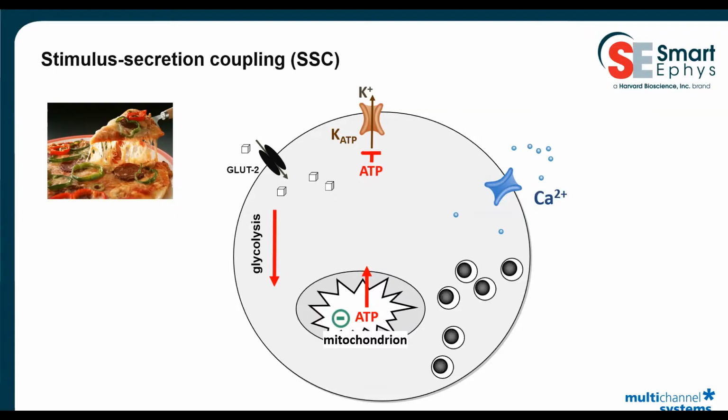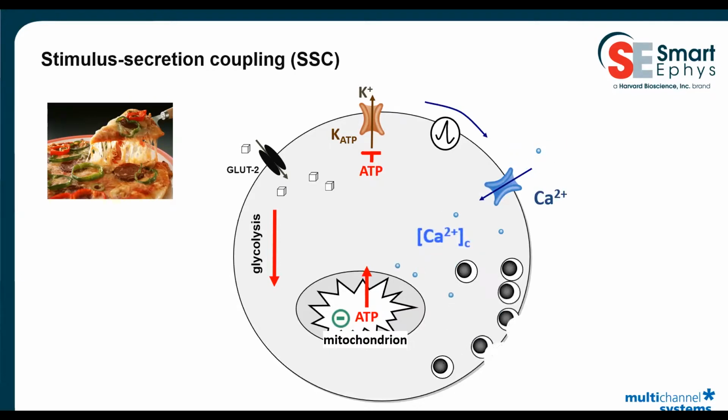This leads to a closure of the KATP channels and is followed by a depolarization of the cell membrane. This, in turn, activates voltage-gated ion channels, mainly L-type calcium channels, and this leads to an influx of calcium ions into the cells. This is the direct trigger for the exocytosis of insulin.